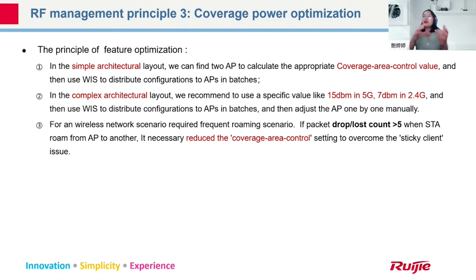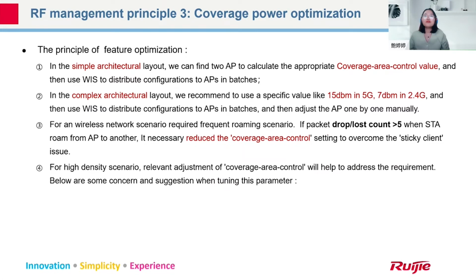That means when you test roaming, maybe the signal of AP1 is still too strong. In terms of physical location, AP2 is better, but the client still connects to AP1, and now the speed is not enough for us to wait for the resources. So in this scenario, we hope you can reduce the coverage value, so it connects directly to AP2.